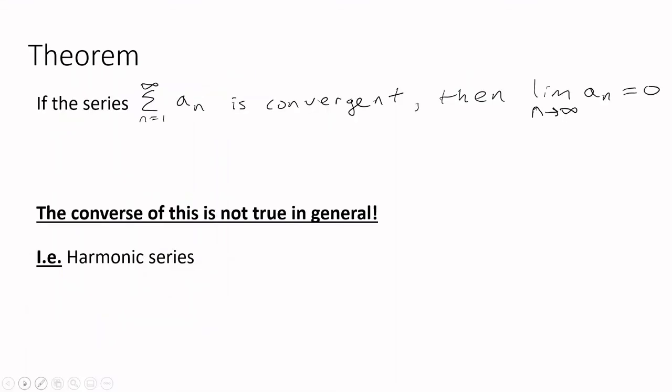All right. Okay, so the last thing is the test for divergence, and it starts by noting this theorem, which is very helpful for us. So if the series a sub n from 1 to infinity is convergent, then it has to be that the limit of just the terms goes to 0.